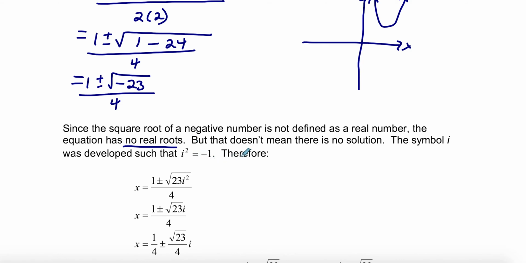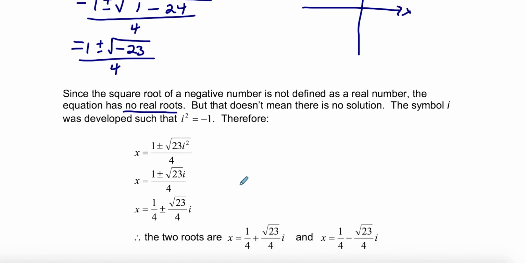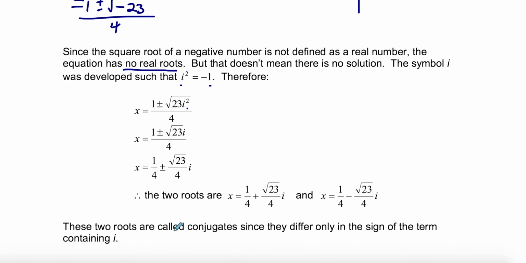So therefore, this is what we would do when we run into this issue. I have my answer exactly like what you see here, but I'm going to take out the negative because -1 is the same thing as i squared. So I'm going to remove the negative and insert an i squared instead. If I take the square root of i squared, it's just i, so I can move it outside the square root sign. And then I have these two answers.